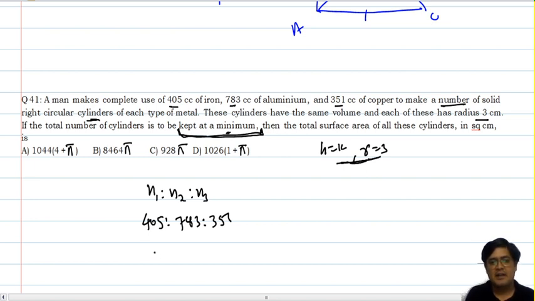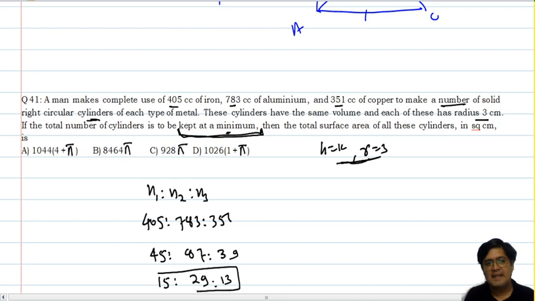So these are multiples of 9. 9 into 45, 9 into 87 and 9 into 39. I can see further multiple of 3, that is 15 ratio 29 ratio 13. Now, number of cylinders of each type cannot go below this. Type 1, type 2, type 3, these are the number of cylinders.